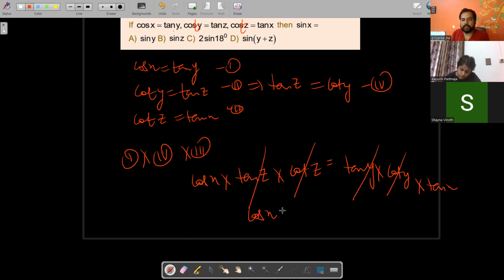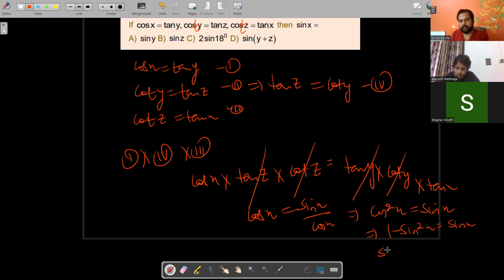You are left with cos x equal to tan x, that is sin x upon cos x. Cross multiply, cos square x equal to sin x. You can write this as 1 minus sin square x equal to sin x. Take all the terms to the right side. Now, sin x equal to minus b plus minus under root b square minus 4ac upon 2.